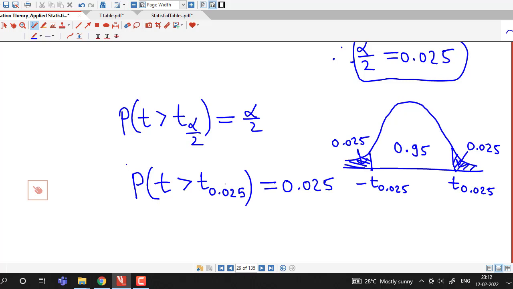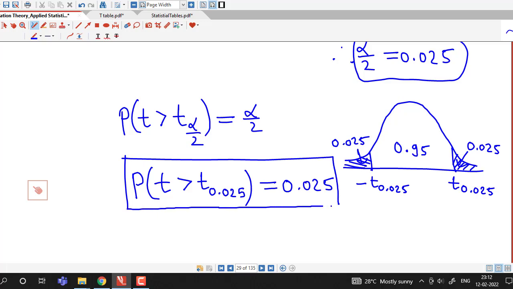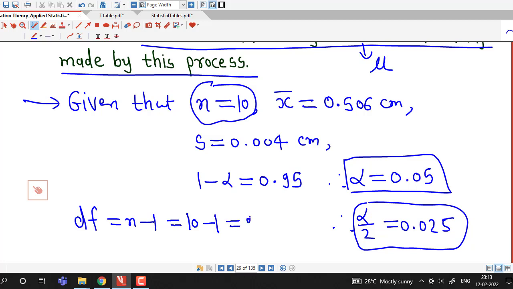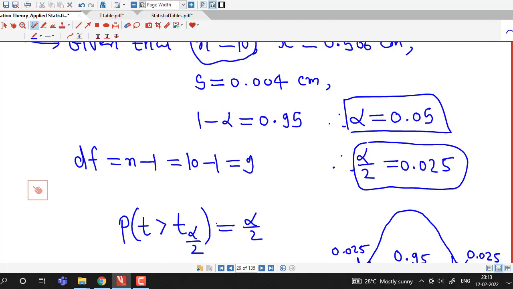I can find out T suffix 0.025 from the table of T distribution, and for that we require number of degrees of freedom, and we know that degrees of freedom will be equal to sample size minus 1. Here sample size is 10, so degrees of freedom is 9.